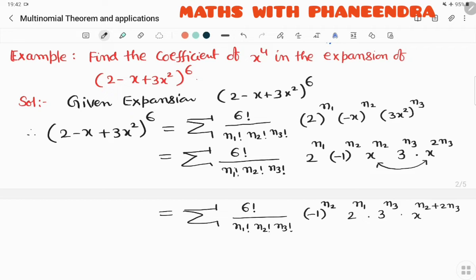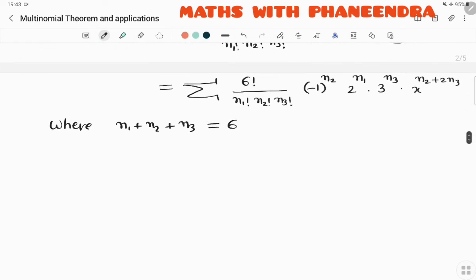Now n is equal to the sum of these powers. So where n1 plus n2 plus n3 is equal to 6. These are the powers only.